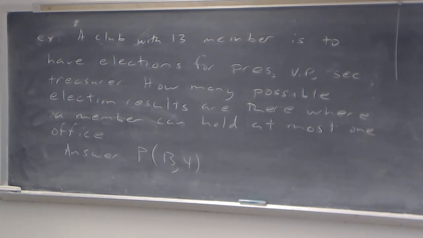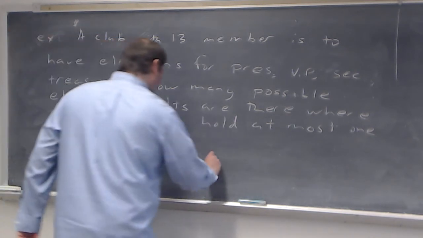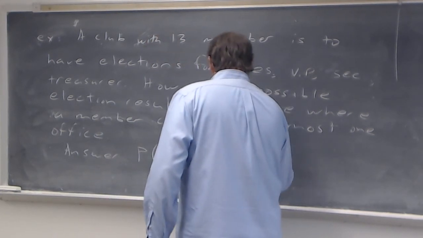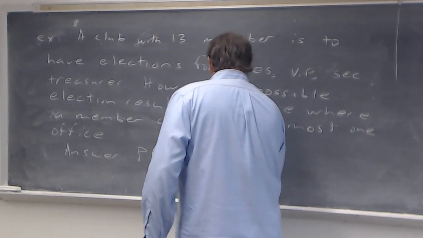Because if I say person A is president, person B is vice president, person C is secretary, and person D is treasurer, that is a different outcome than person D being president, person C being vice president, person B being secretary, and person A being treasurer. Even though we got the same people being elected, it's still a different outcome because of the positions that they're holding. And so what this number is, I'm sorry, it's not 4 factorial, it's 13 minus 4.